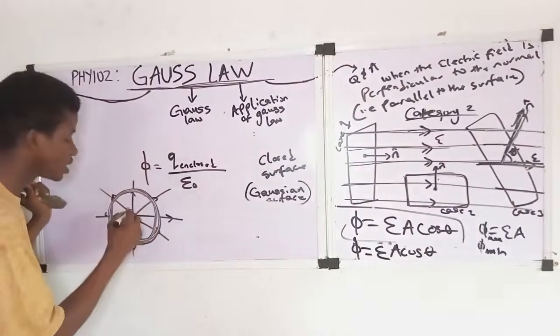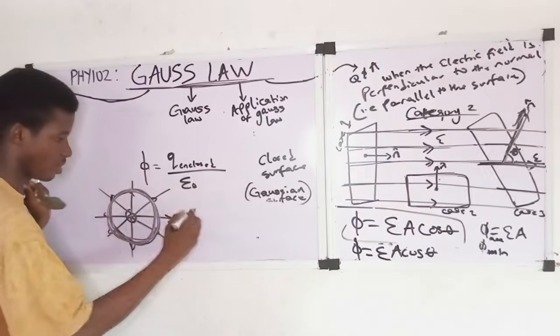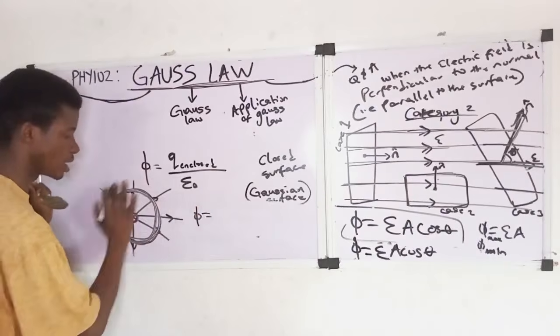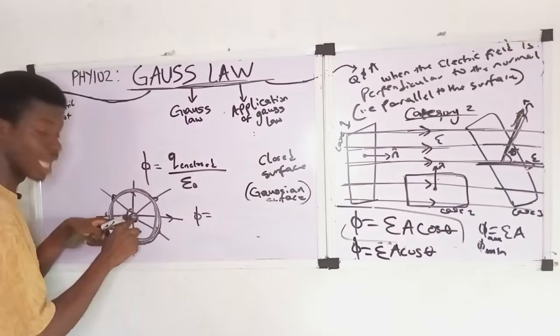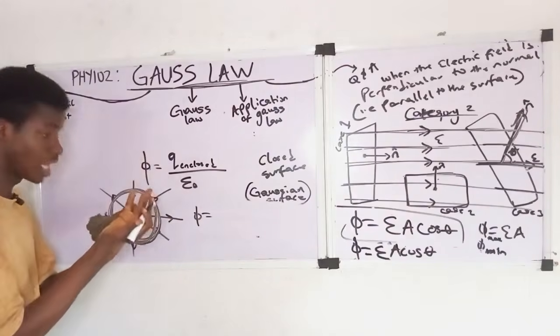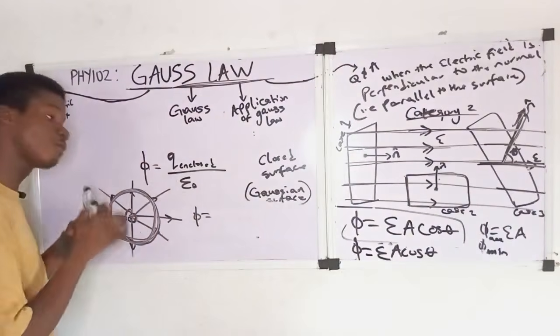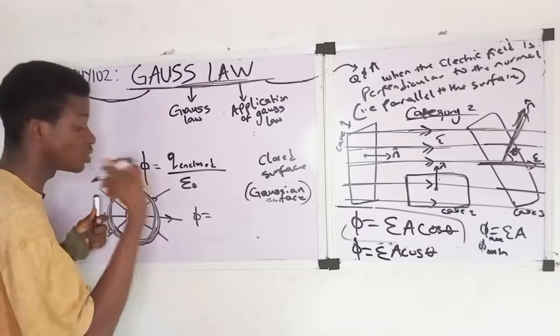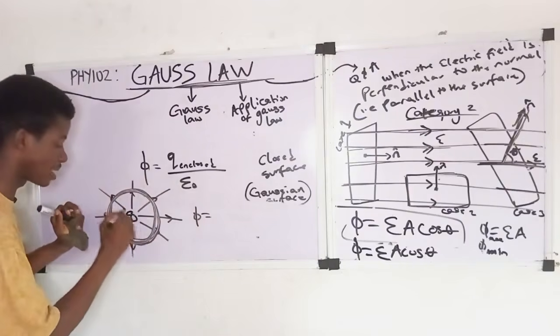The total electric flux passing through the Gaussian surface usually equals what? This is a charge, right? What does this surface do to the charge? The surface encloses the charge, so that's why it's called charge enclosed. This is a positive charge, on that matter.